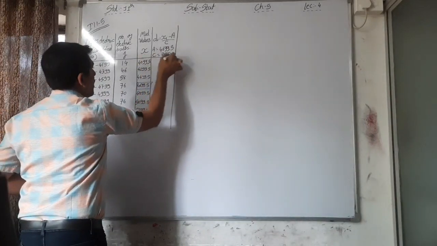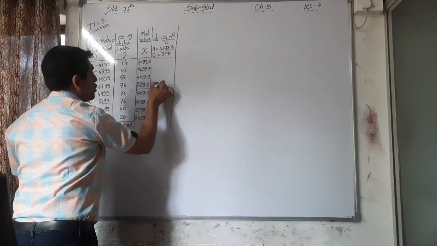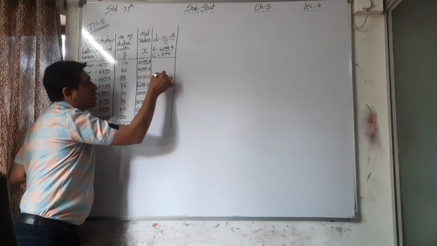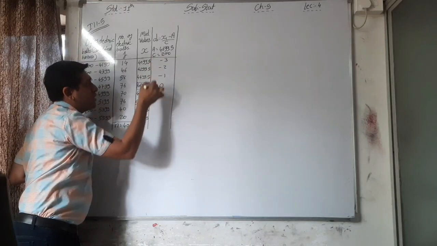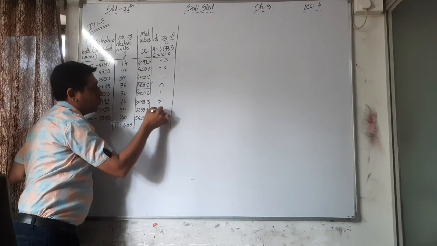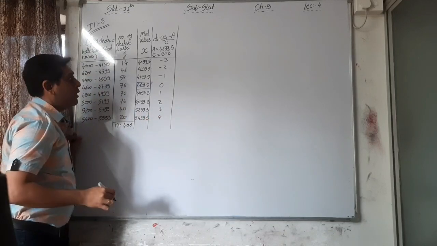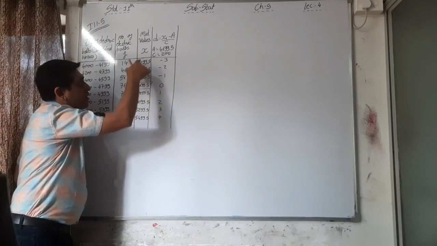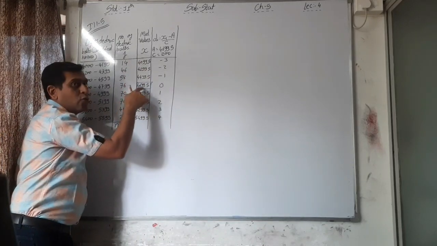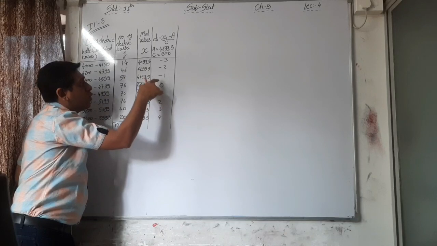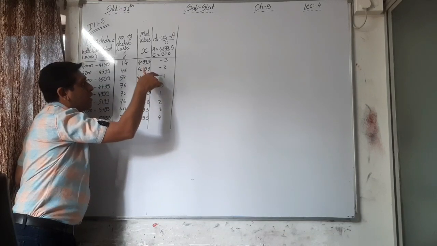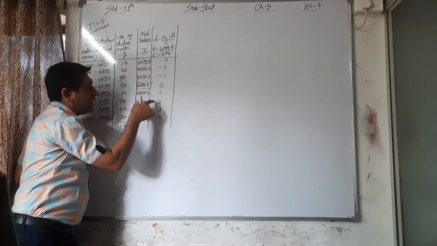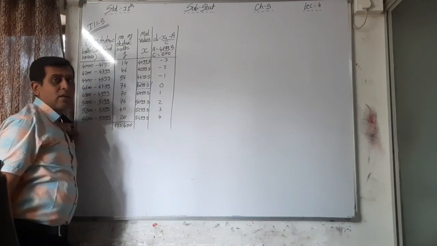Just put the value here and find out. See, this one is 0. When the class length is equal, here this one is 0, this one is -1, -2, -3 in the upper classes, and in the next classes 1, 2, 3, 4. Directly you have to write it.